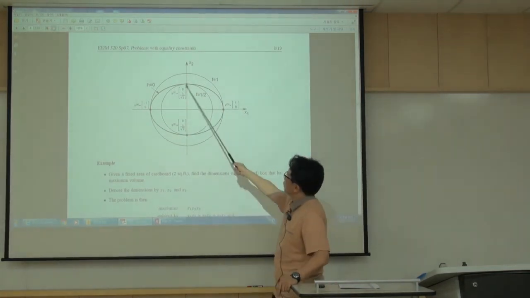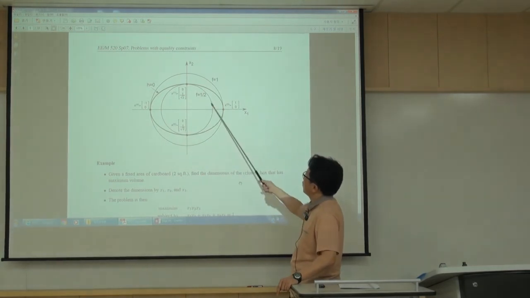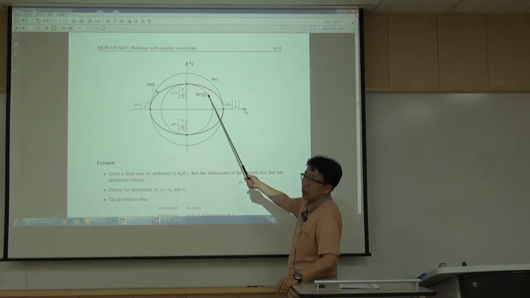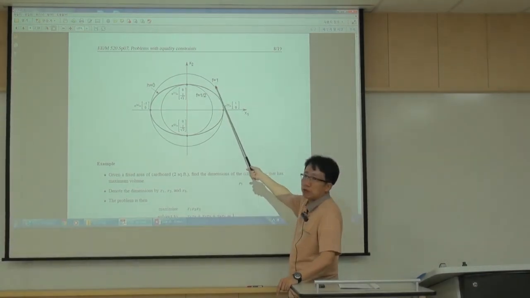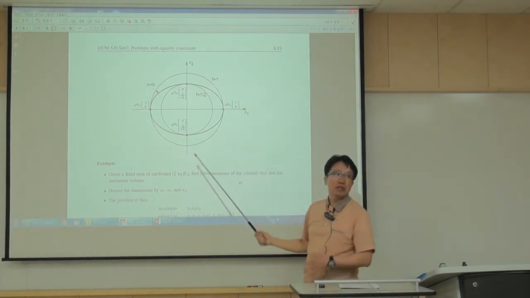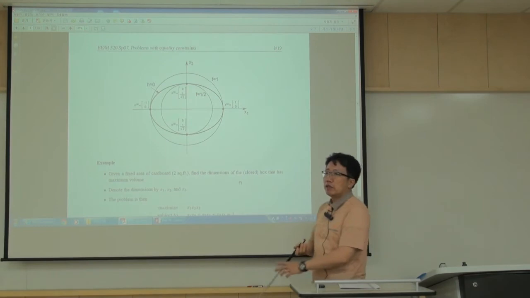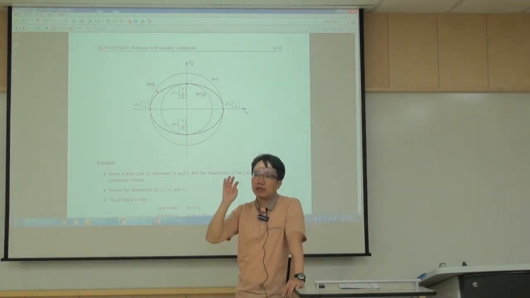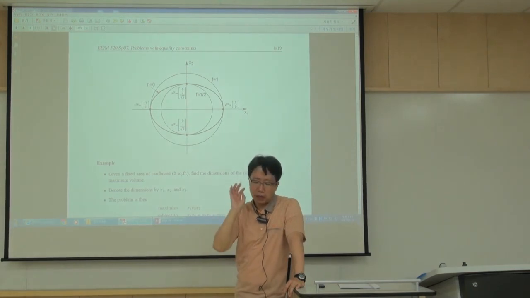And this is the level set of the objective function with value 1/2, and this is the level set with level 1. Got it?